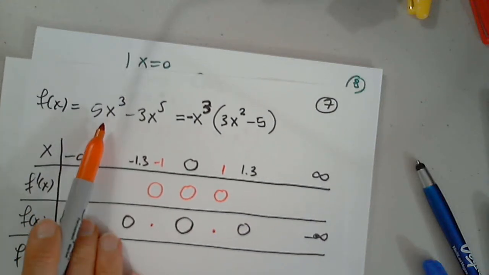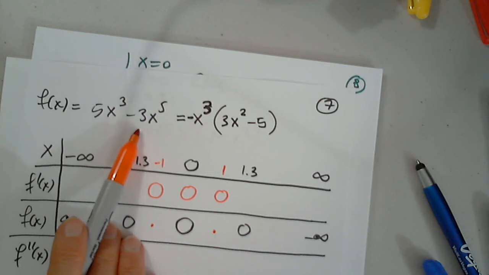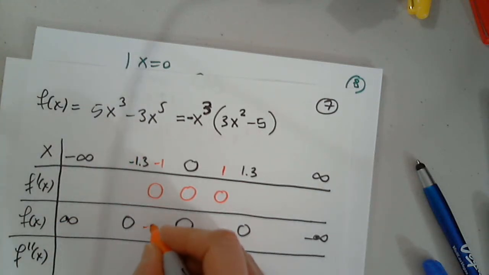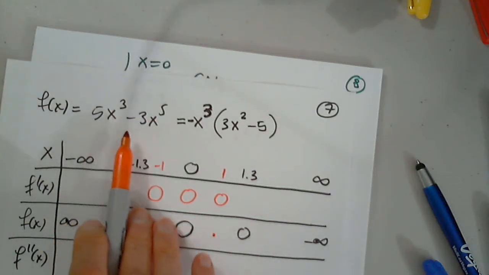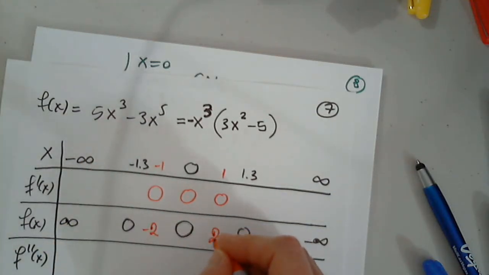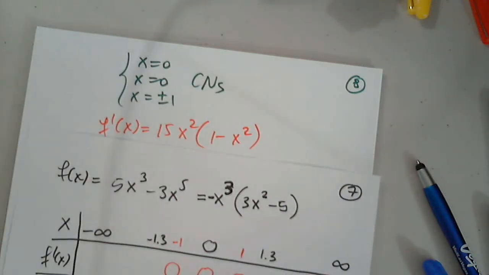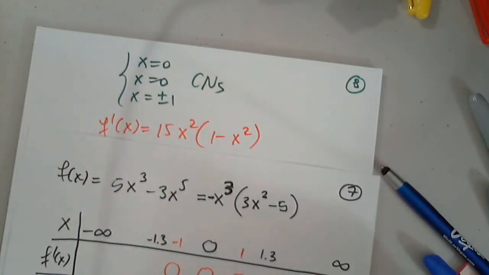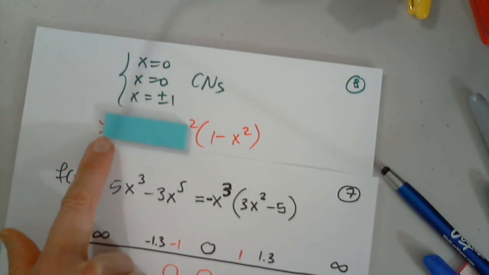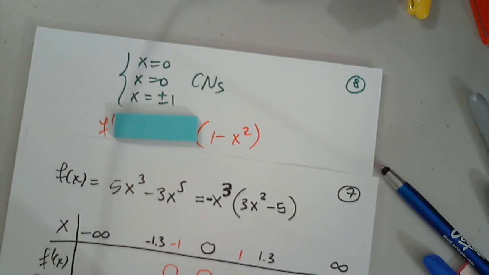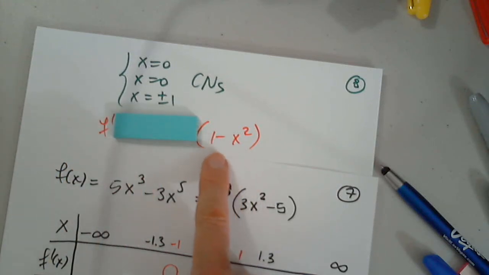So when we plug in negative 1, negative 5 plus 3, negative 2, and 5 minus 3, 2. So now I have to study the sign, but I will not waste my time with the sign of 15x squared. I will only talk about this.